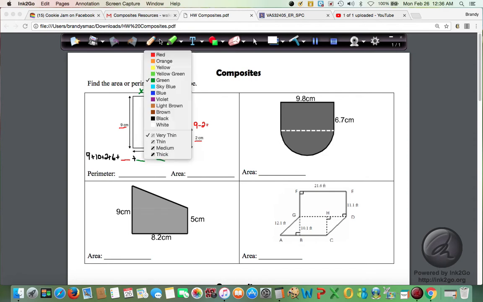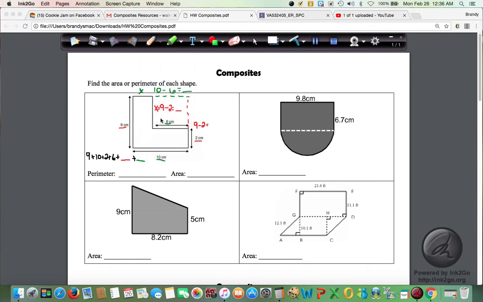Okay? Once you have those pieces, you just put it straight in your calculator, 9 plus 10 plus 2 plus 6 plus this piece plus that piece, and that will give you your perimeter for the L shape. All right. I'm going to clear my screen so it doesn't become too much stuff on here, and we'll do area. So pause this, solve for perimeter, and then come back and watch how we solve for area.